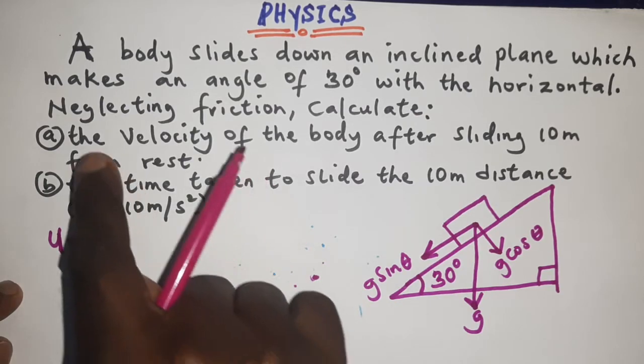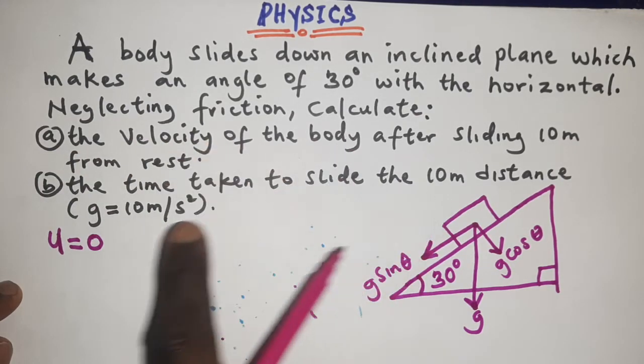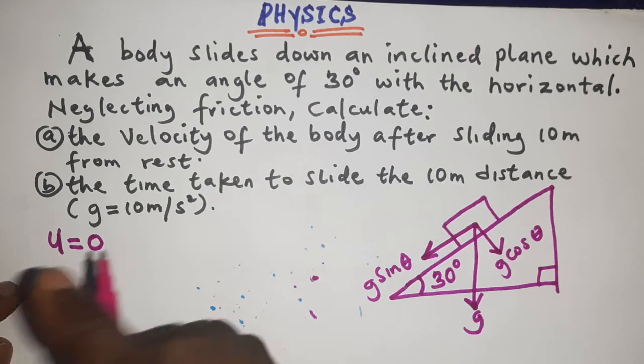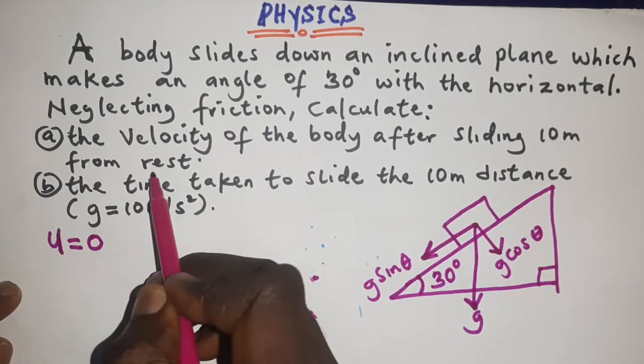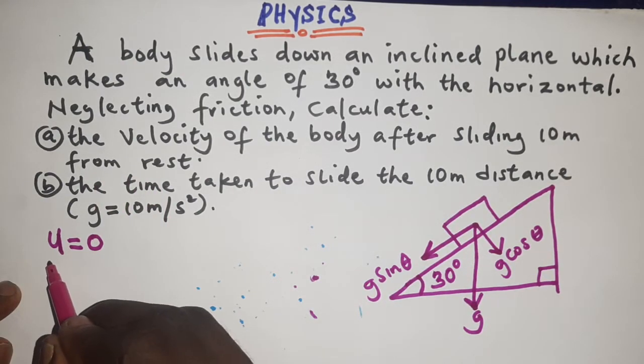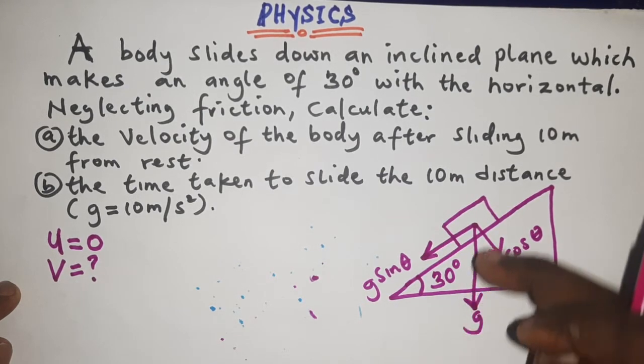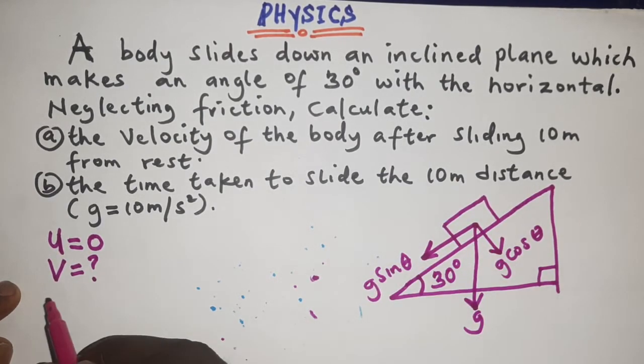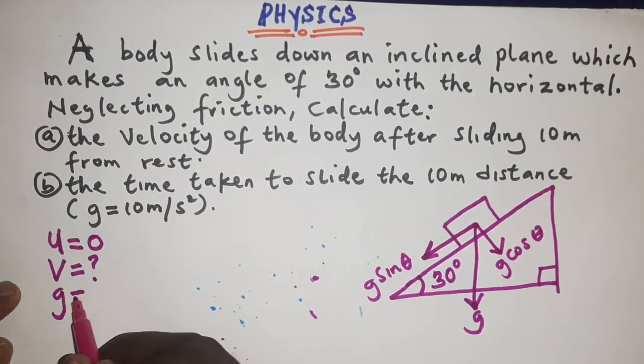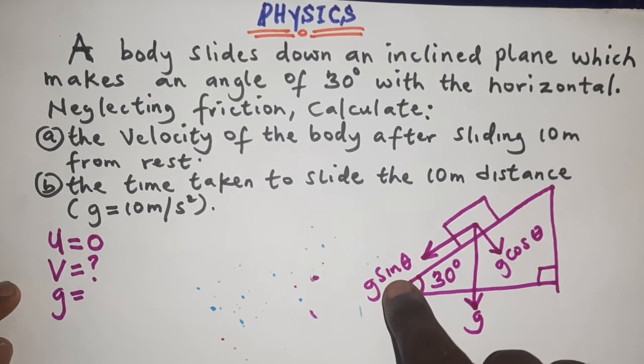Since they say you should calculate the velocity, the velocity you calculate is your V, and that will be the question mark. And since it's sliding down, we have our value for G being positive.